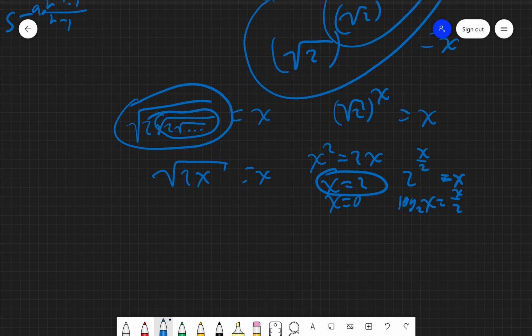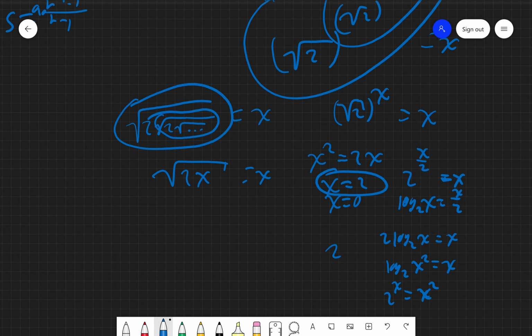You could also just find out that 2 works, right? But let's say I just guessed and checked. But you can do the log thing to get log base 2 of x equals x over 2. 2 log base 2 of x equals x. Log base 2 of x squared equals x. 2 to the x equals x squared.